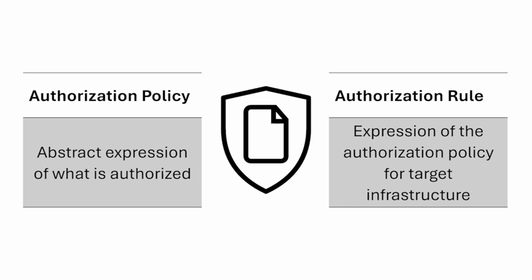This is a pragmatic feature of the common security architecture for production, where an authorization policy is an abstract description of what is authorized. An authorization rule is an expression of an authorization policy in a manner specific to a particular piece of infrastructure. We introduced the authorization rule as a way of reducing the complexity of the policy enforcement point by not requiring it to interpret the abstract form.